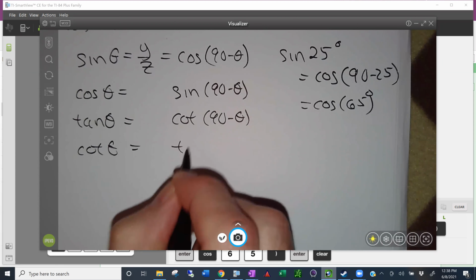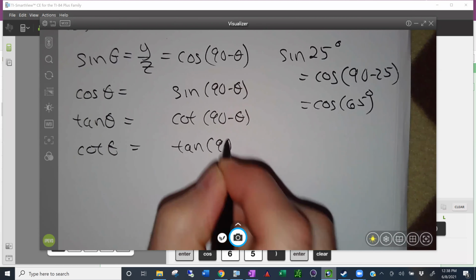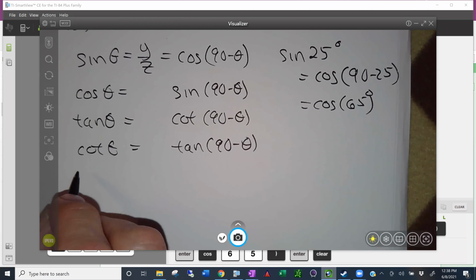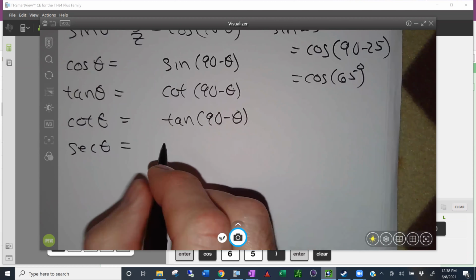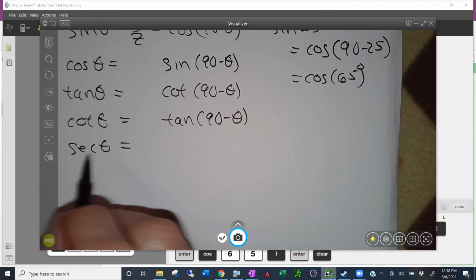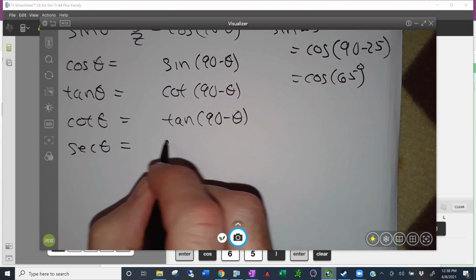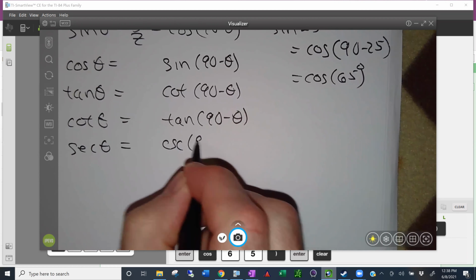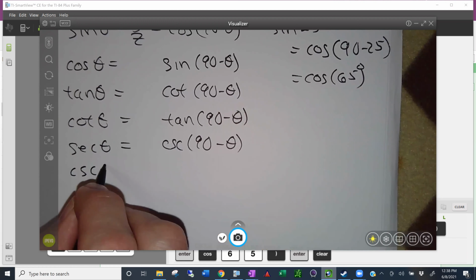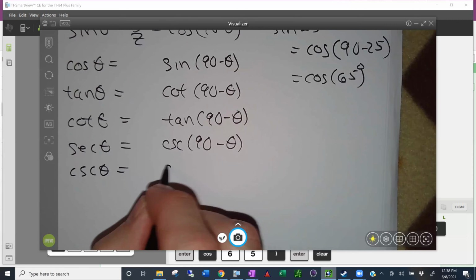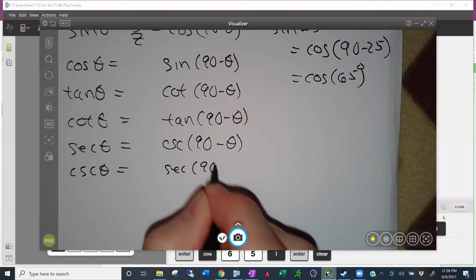Tangent of 90 minus theta. And then finally, secant of theta. Which function haven't we used here yet? The cosecant. Secant of theta equals cosecant of 90 minus theta, and the cosecant of theta equals the secant of 90 minus theta.